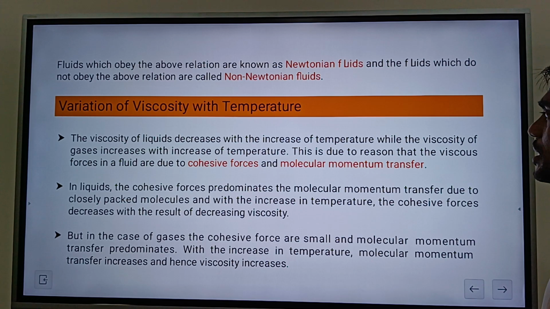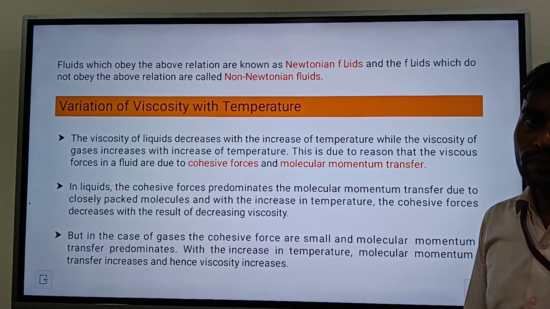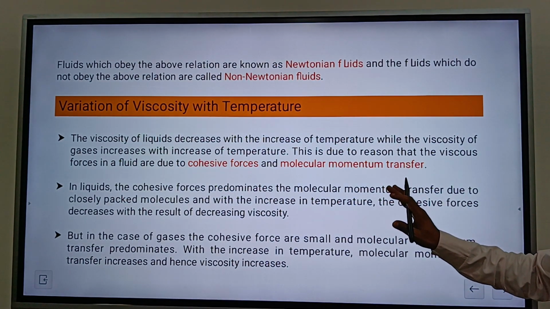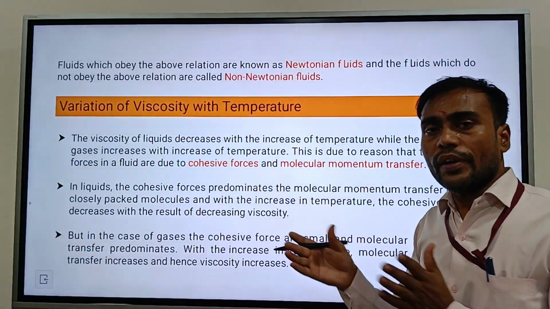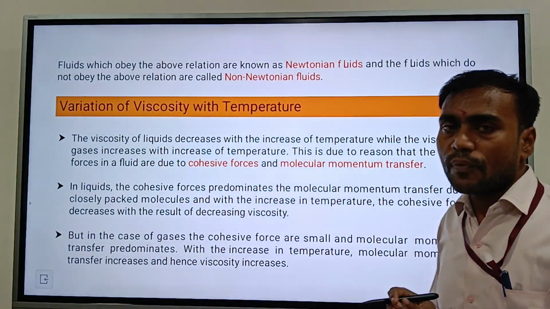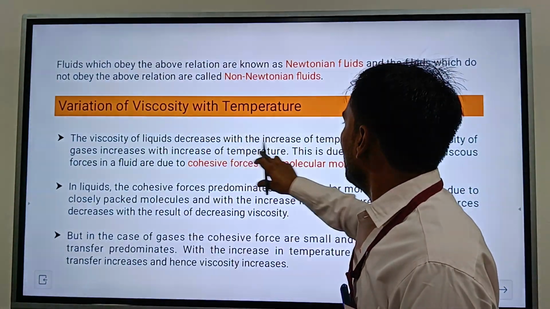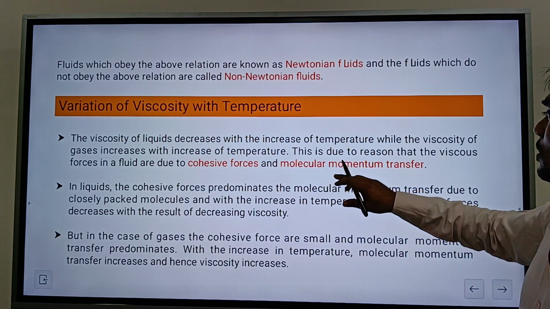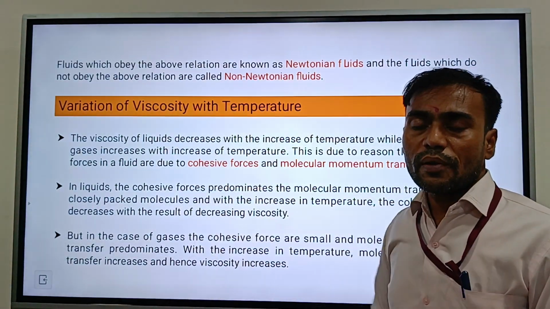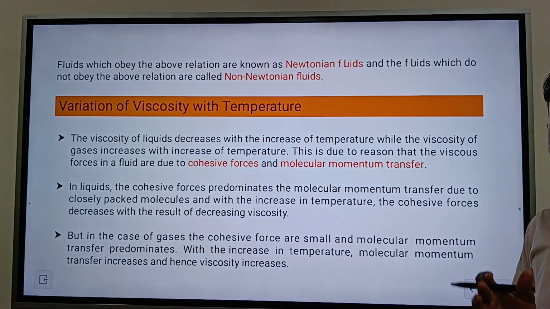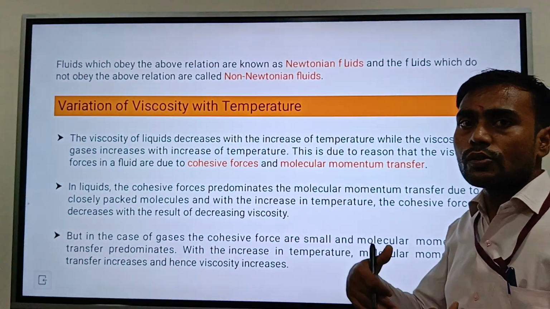The viscosity of liquids decreases with the increase of temperature, while the viscosity of gases increases with the increase of temperature. Okay, so if we consider the effect of temperature on the viscosity, then research has revealed that if we increase the temperature, the viscosity of a liquid will decrease, and in case of gases, if we increase the temperature of the gas, then its viscosity will also increase.